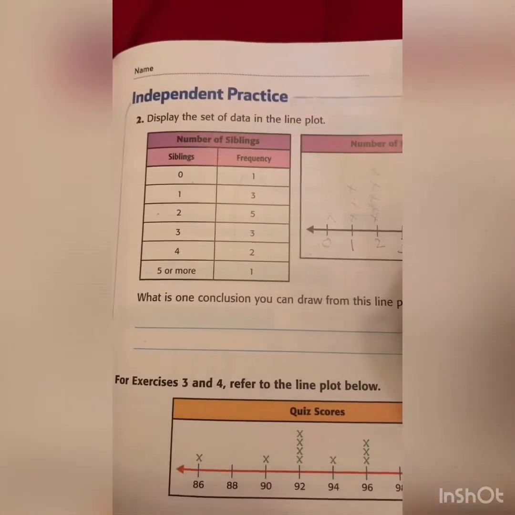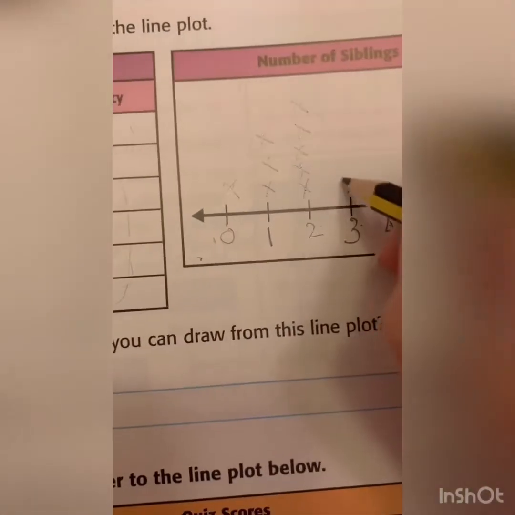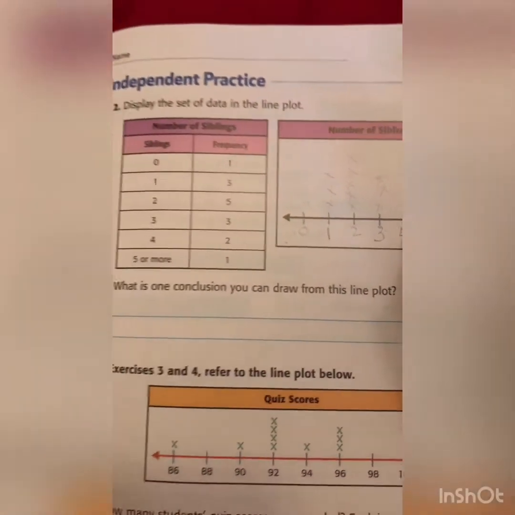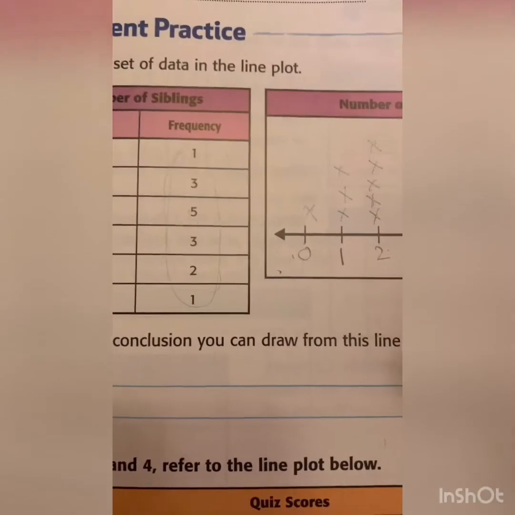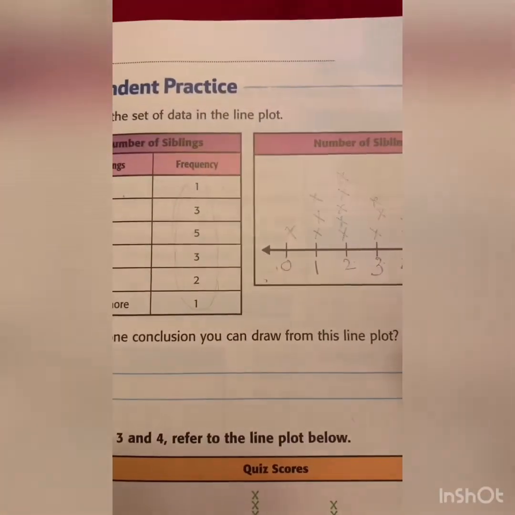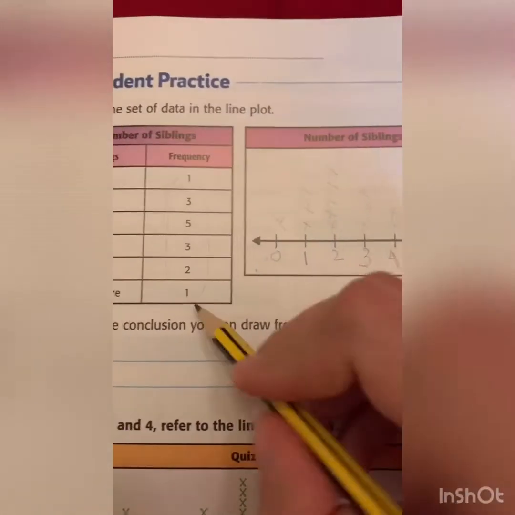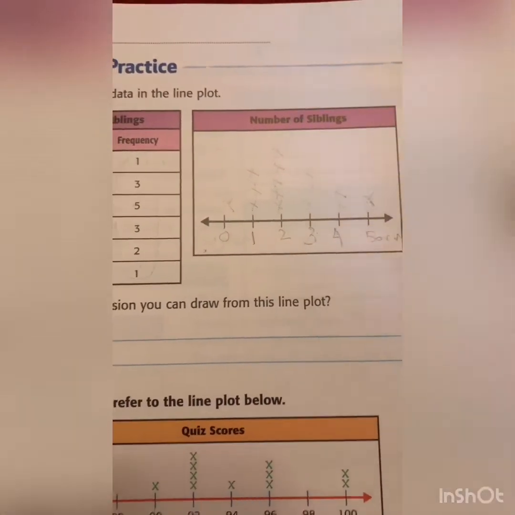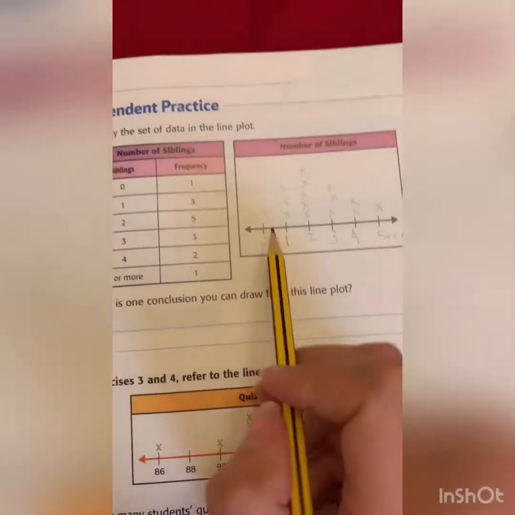For number 3, we have 3: 1, 2, 3. For number 4, we have 2: 1, 2. For number 5 or more, we have only 1, so you draw only 1 X. Just like that, it's very easy.